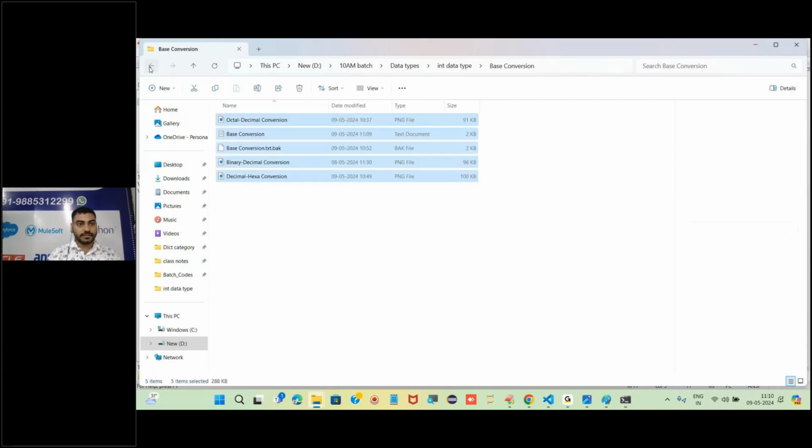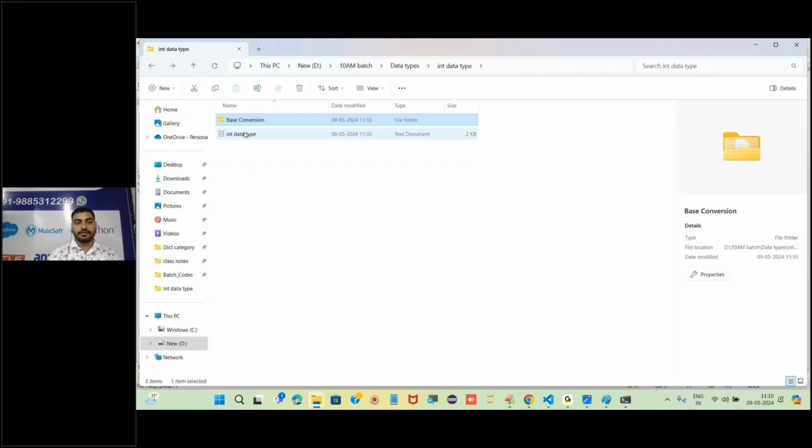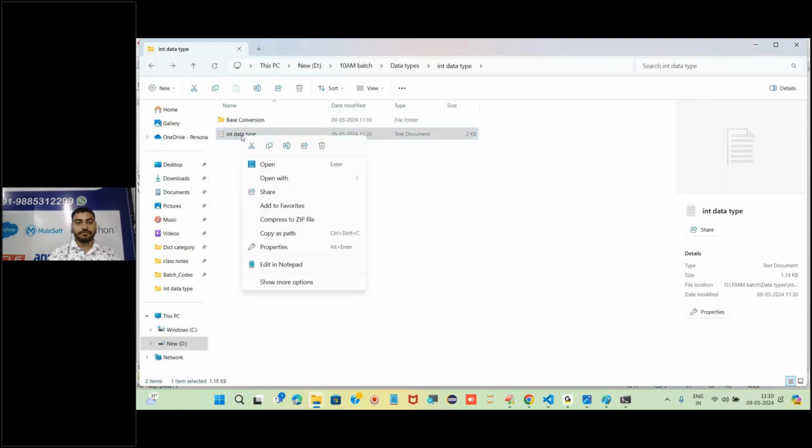Fine. Here, integer data. Tell me the definition of integer data. It is one of the predefined classes. It is treated as fundamental category data.